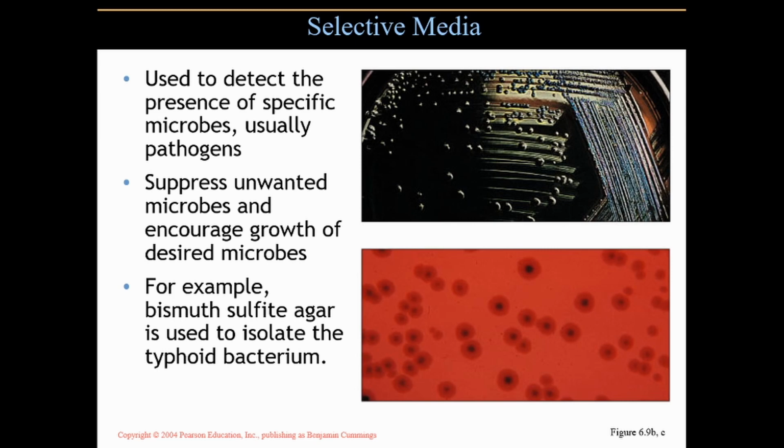So you take a sample of somebody's urine or their sputum or whatever, and you put them on the selective media, and if you suspect them of having a strep infection, for example, you can put their sample onto a selective medium, and that encourages the growth of strep. And if strep appears, then there you go. It's been confirmed. If not, then something else. So we can use these to pinpoint and narrow down what a patient happens to be infected with.